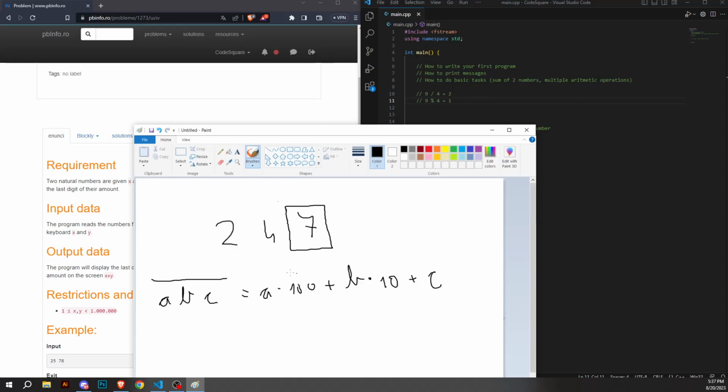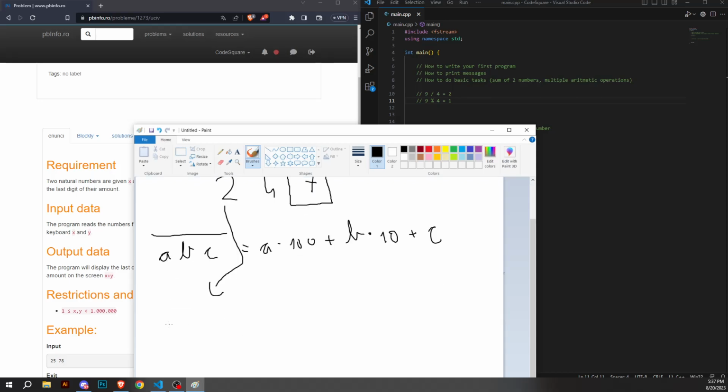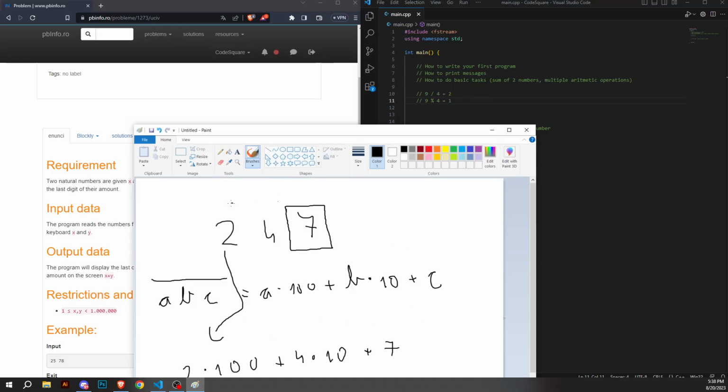And that's basically the trick here. Basically, we can write 247 as 2 times 100 plus 4 times 10 plus this last 7. And you can see, 200 plus 40 plus 7 is exactly our initial number.